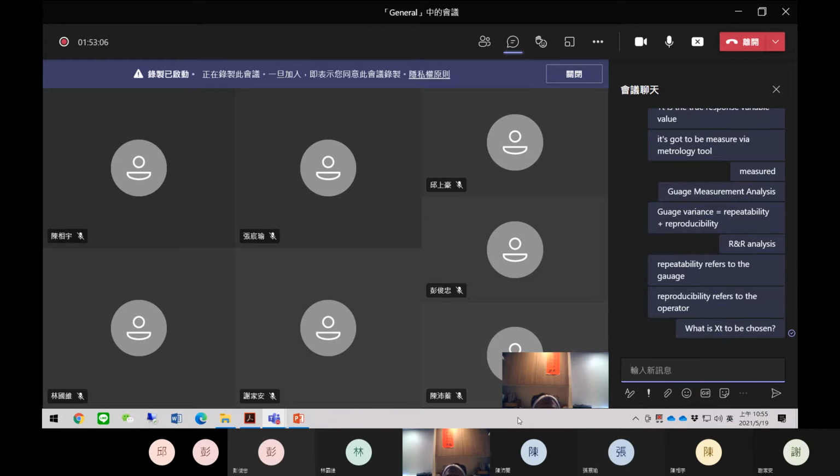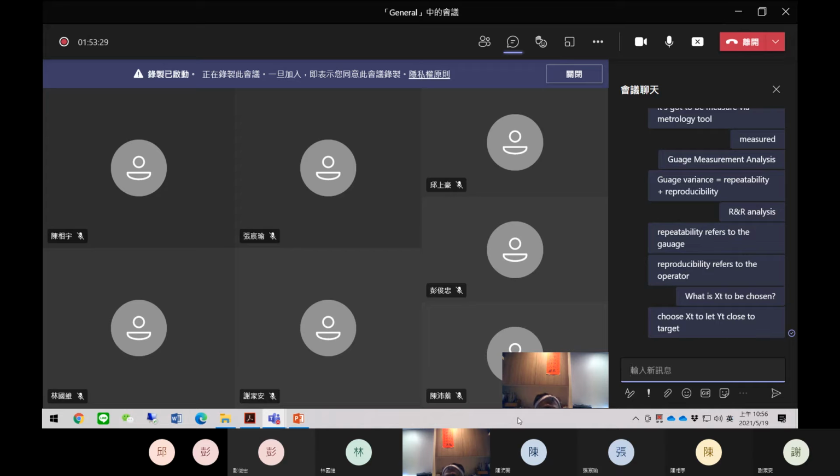Always like that. How can we choose X_t? Then we might well say, okay, we'd like to choose X_t to let the Y_t be close to target.